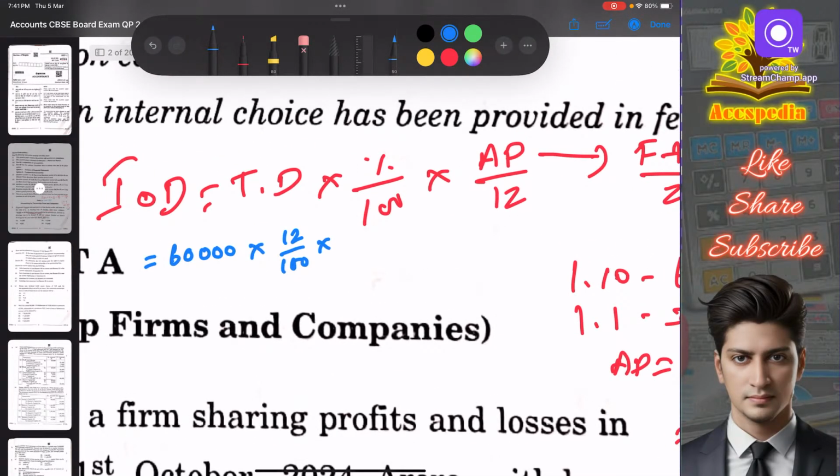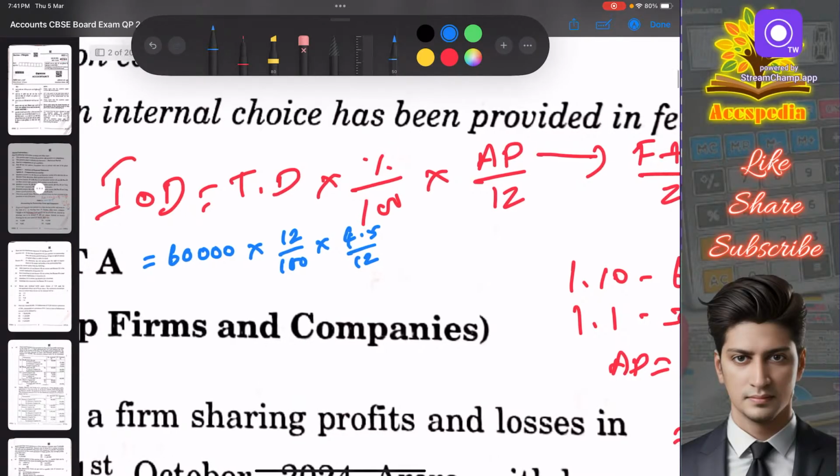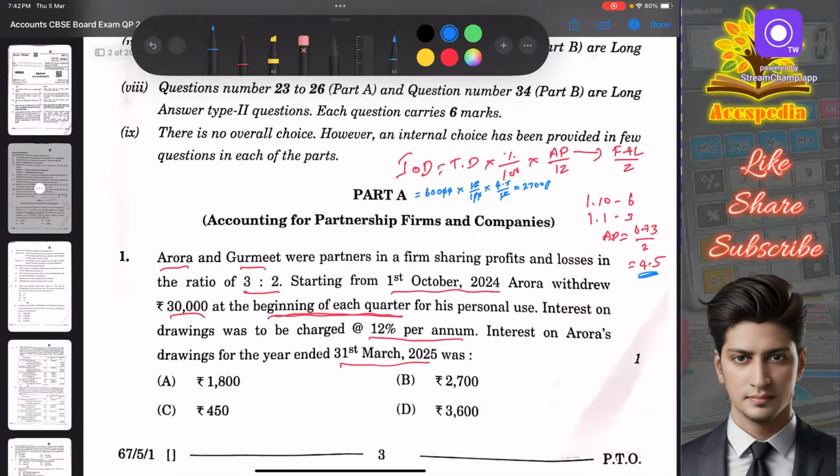So it is 4.5 by 12. So this 12 gets cancelled, these 2 zeros get cancelled, so remaining 600 into 4.5. 6 into 4, 24. 6 into 0.5, that is 3. So 24 plus 3, 27, and we have 2 zeros, 2,700. This is the answer.